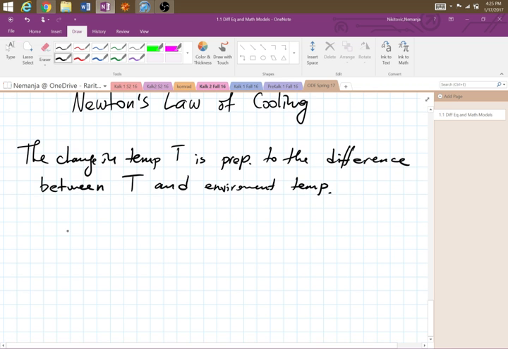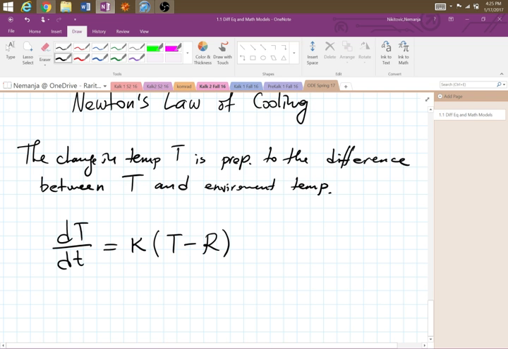So change in temperature in time is proportional to the difference of temperature and the room temperature. Our book is using A, whatever you come up with. So there it is.